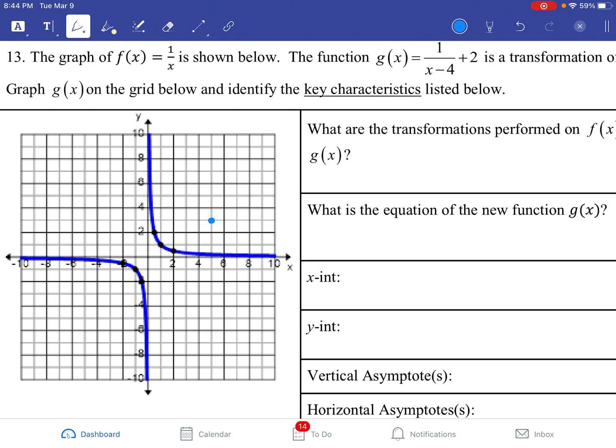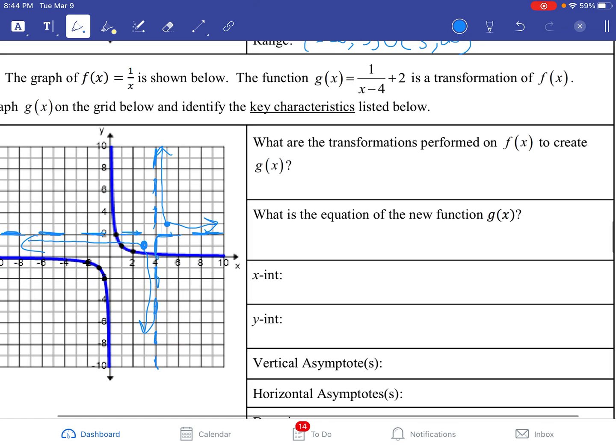The other one is 1, 2, 3, 4, 1, 2. So we can put our asymptotes between the points based on what we're doing. We can just draw these little graphs in here. Okay, so there you go.